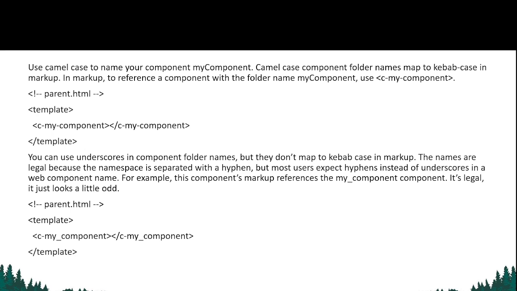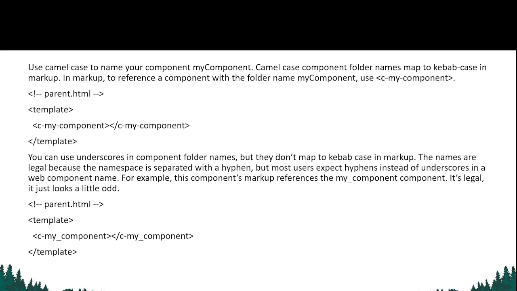This camel case component folder name is always used to map the values in the markup. So to refer to a component with the folder name myComponent, you have to write in the tag c-my-component, that is, with hyphens.